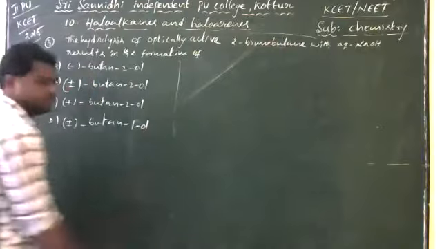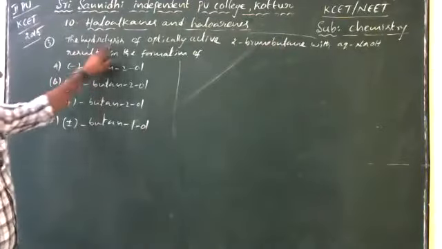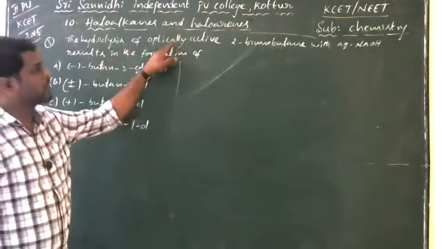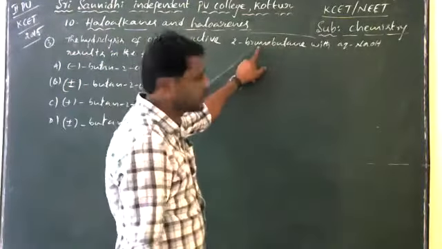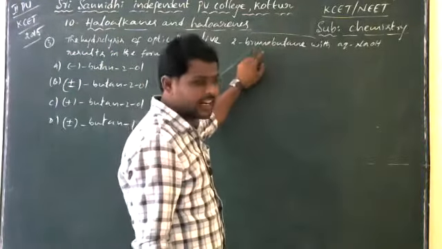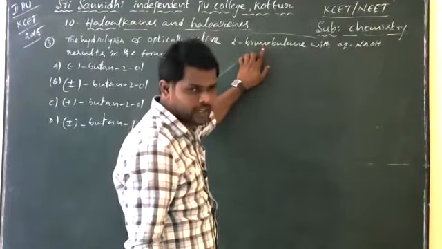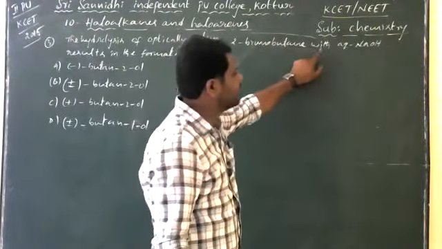The hydrolysis is of an optically active compound, which is a chiral molecule. 2-bromobutane is a chiral molecule, and it is treated with aqueous NaOH.